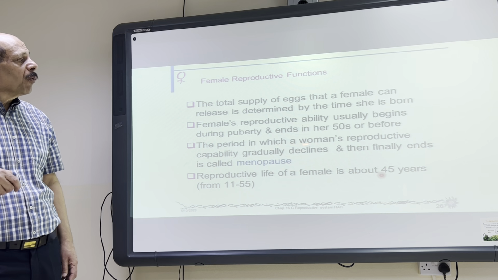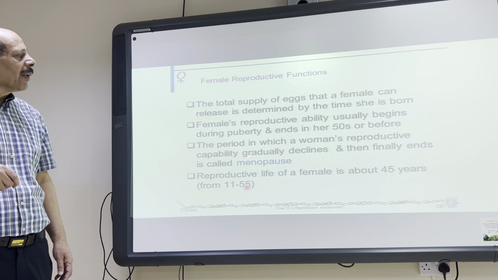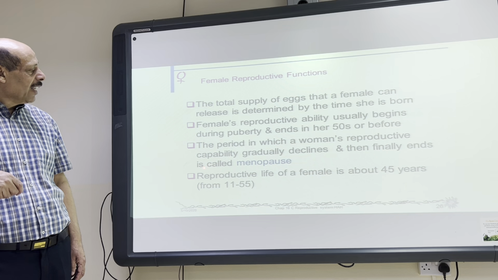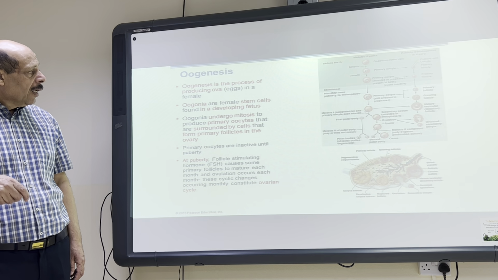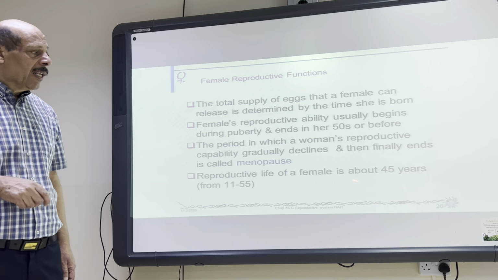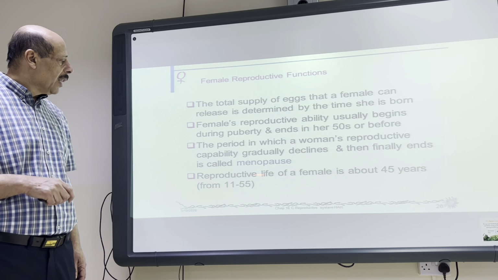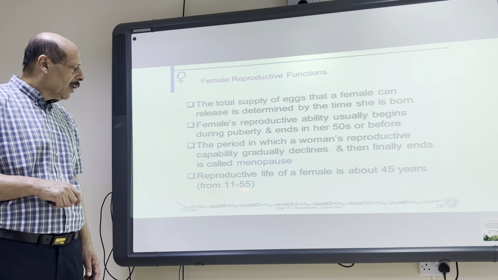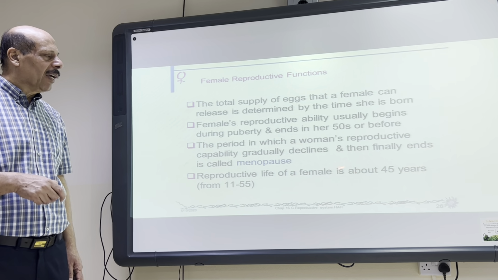The period in which the woman's reproductive capability gradually declines and then finally ends is called the menopause. The reproductive life of the female is mostly considered to be from the age of 15 to 45, and it depends upon many factors, including the climate.